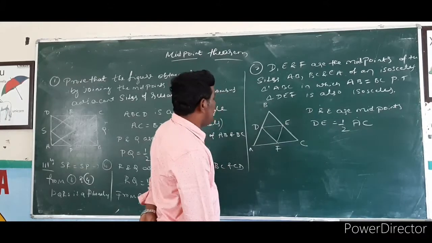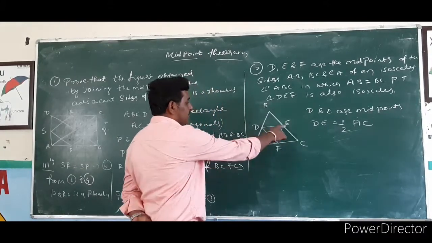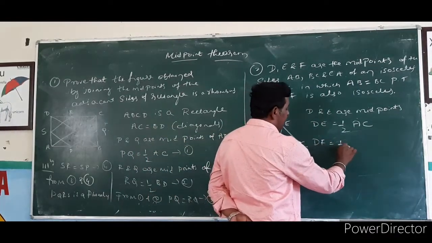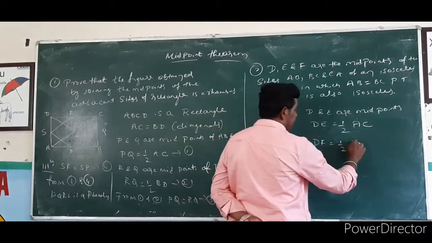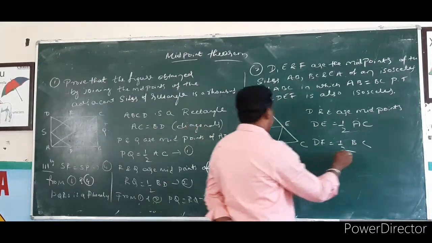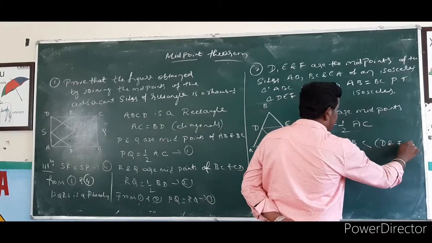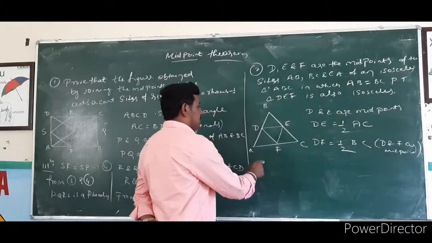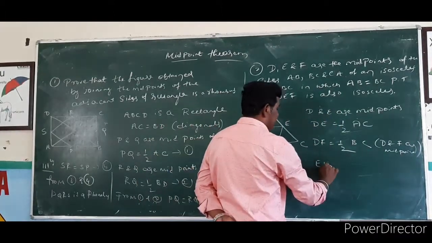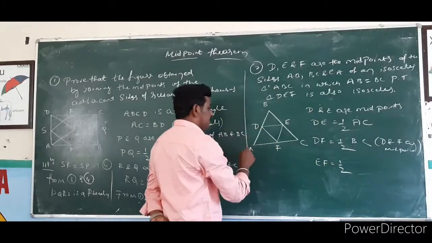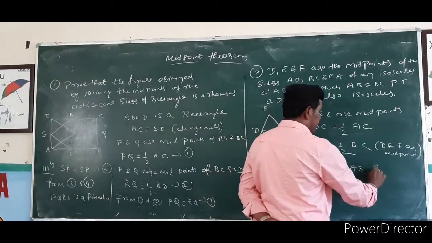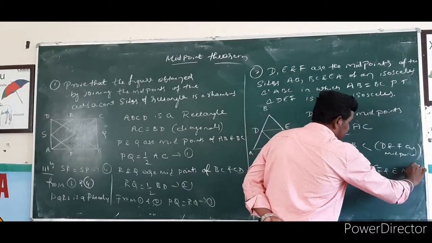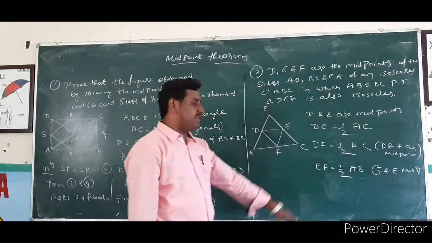Next, if D and F are midpoints, DF is half of BC. If F and E are midpoints, EF is half of AB. I am just applying the midpoint theorem here.